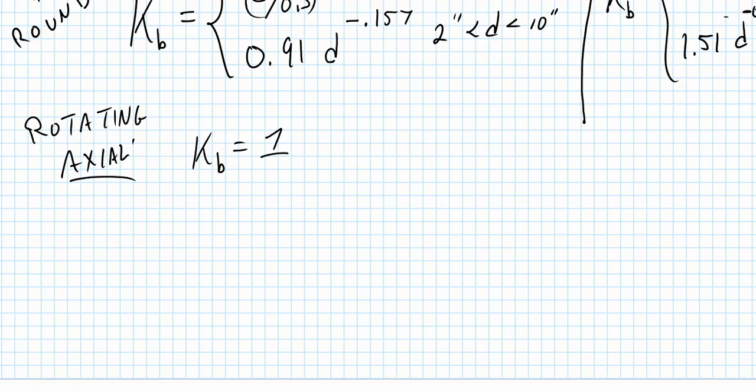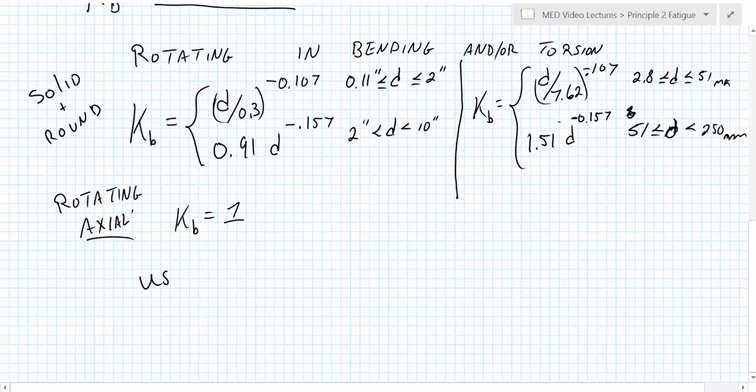What if our part is not rotating, or it's hollow and round? Then we need to use what's called the equivalent diameter.